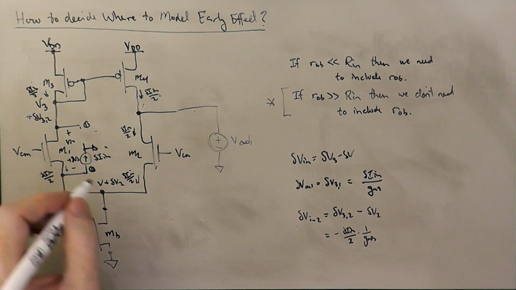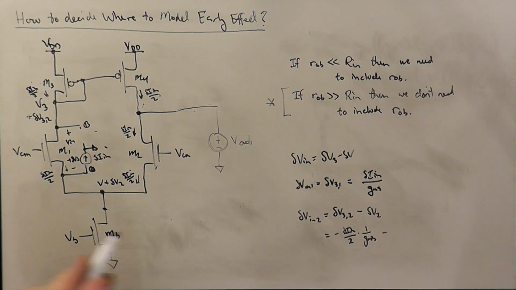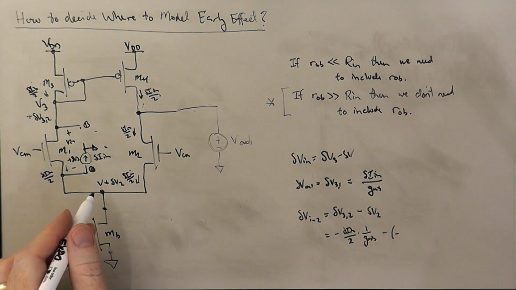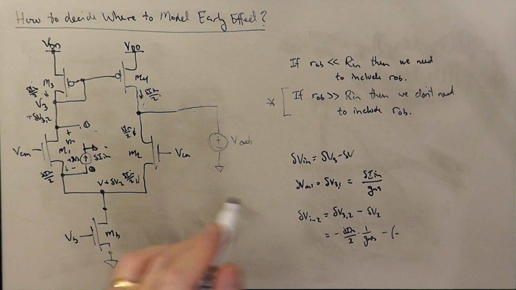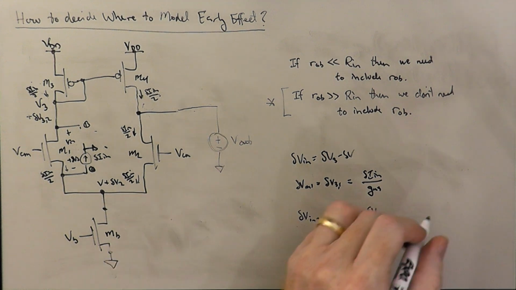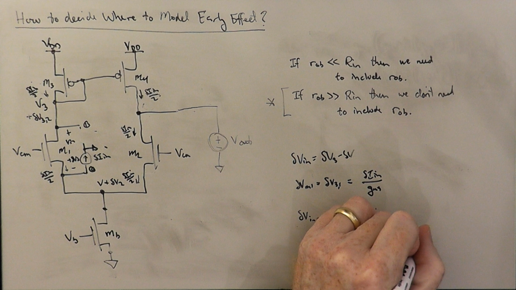And the voltage we're subtracting off there is going to be minus minus, since we're pulling current out of this node, it's going to go down, so it's going to be negative. Delta IN over 2GS1.